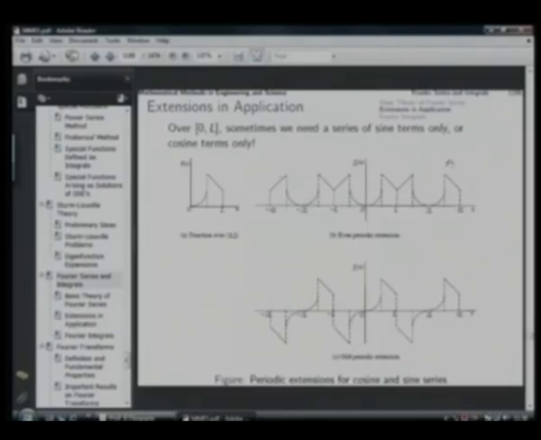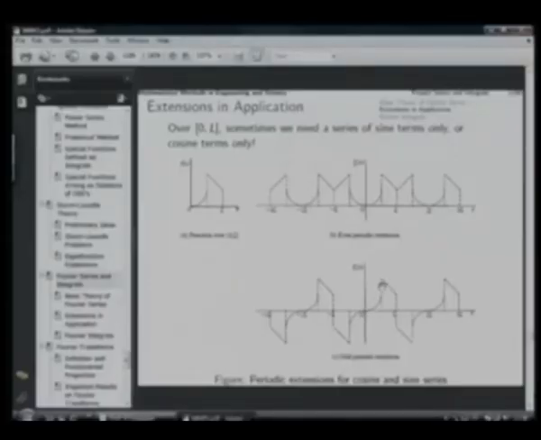So, now the Fourier series of this will turn out to be a cosine series. Similarly, if we want a sine series, then here we make an antisymmetric reflection.